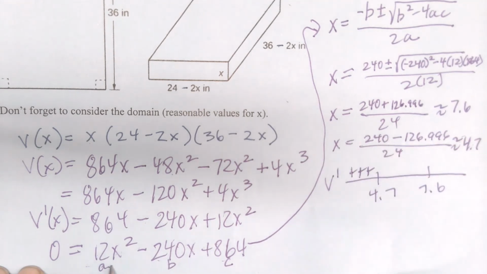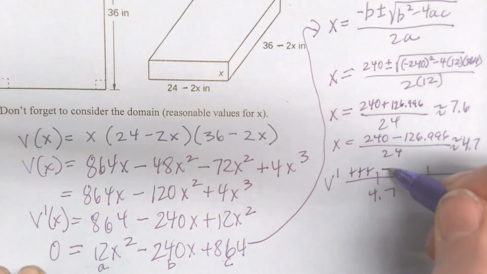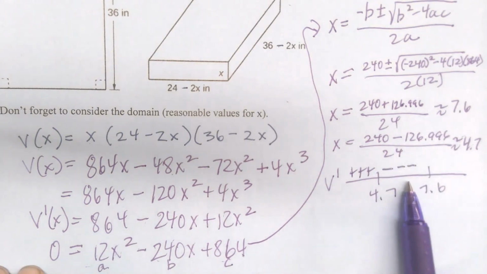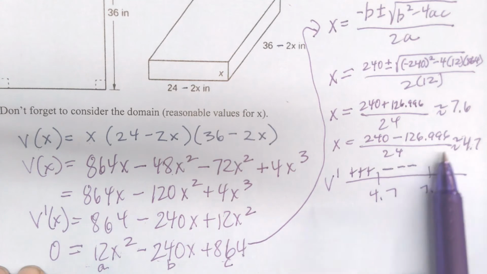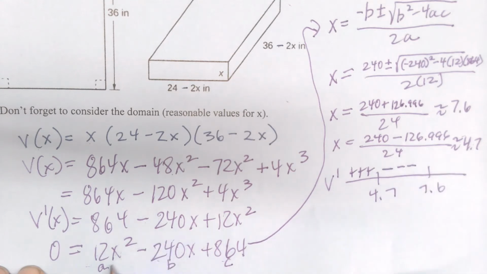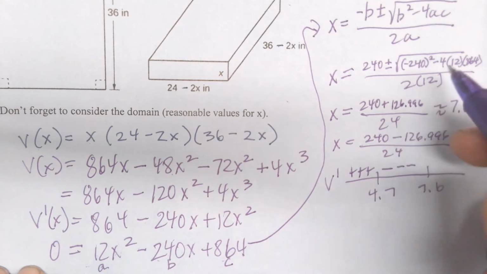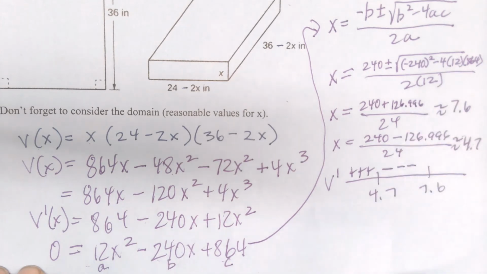Then I'll plug in 5. I might have to use my calculator. 12 times 5 squared minus 240 times 5 plus 864. When I do that one, it comes out to be a negative value. Then if I try something over here like 10, I'm going to get 1200 minus 2400 plus 864.